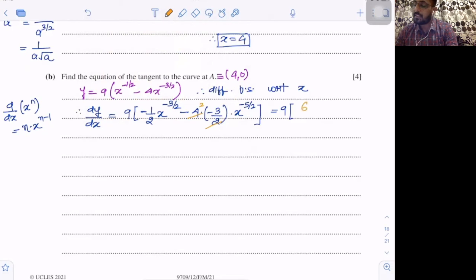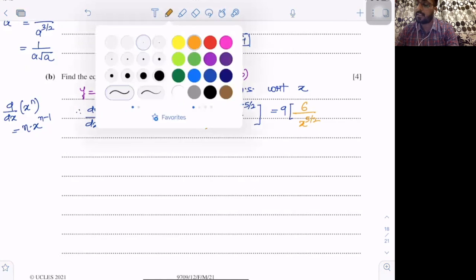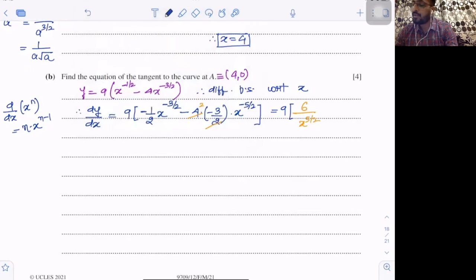So I'm going to write 6 divided by x raised to 5 upon 2. x raised to minus 5 upon 2 is like x raised to minus m, and x raised to minus m becomes 1 upon x raised to m. And then the next term is going to be minus of 1 upon 2 x raised to minus 3 by 2, so that's 1 upon 2 x raised to 3 by 2. And you can close the bracket. So that's your dy by dx.